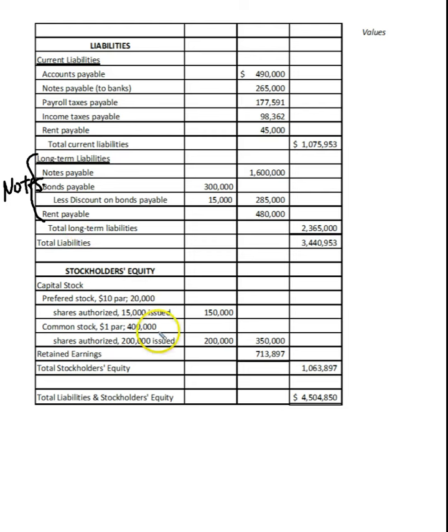And then stockholders' equity, we have our capital stock, we can have preferred or common, and then the retained earnings account. But again, I want to remind you there could be the 4 categories that I went over earlier that was in the textbook's demonstration problem. So make sure you're familiar with that. All right, well, that does it for problem 2.